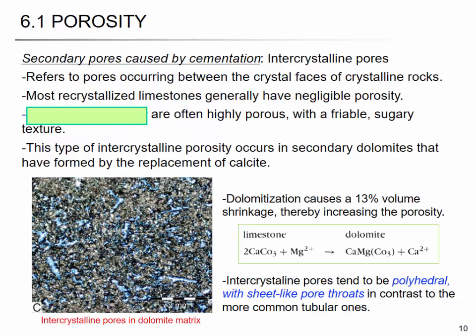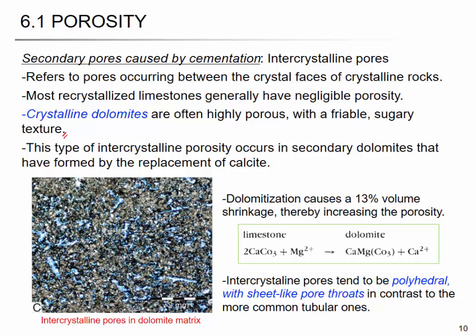And secondary pores caused by cementation are called intercrystalline pores and refer to pores occurring between the crystal faces of the crystalline rock. Most crystallized limestone generally has negligible porosity, but crystalline dolomite is often highly porous with a friable, sugary texture, so it's easy to break.